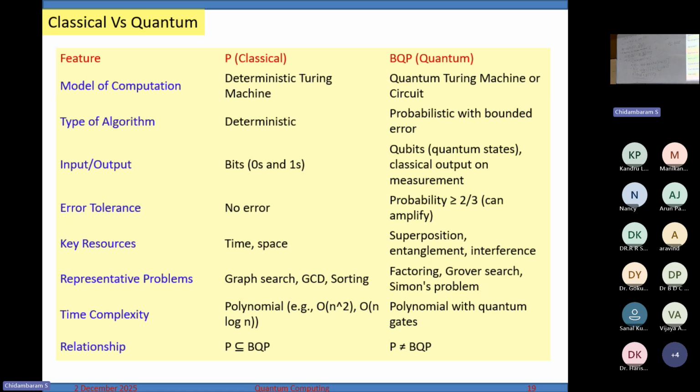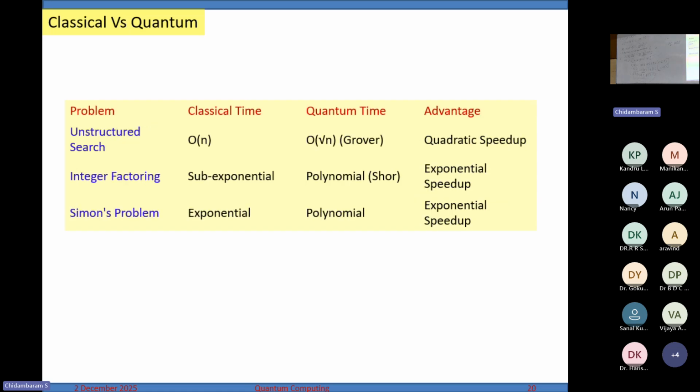You have no tolerance of error in the classical environment, whereas here you have some tolerance towards error. We see time and space complexity here, whereas when measuring the quantum algorithm, it is about superposition parameters such as entanglement, interference, etc. And the type of problems, typically sorting in the classical case, is different here. As I said, polynomial time algorithms are a subset of BQP, bounded error quantum polynomial time algorithms. So I will skip this.